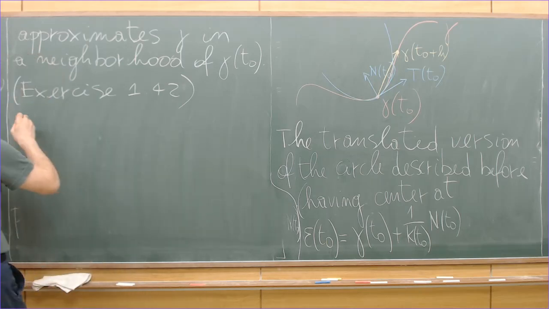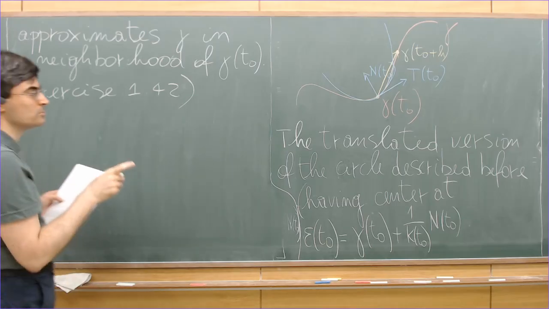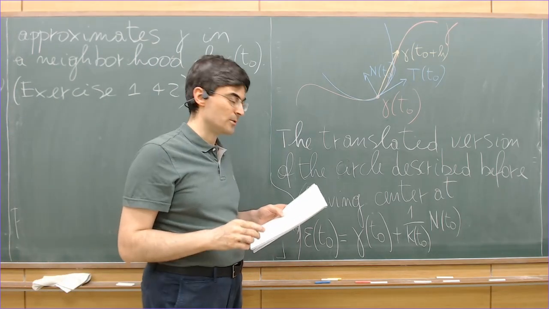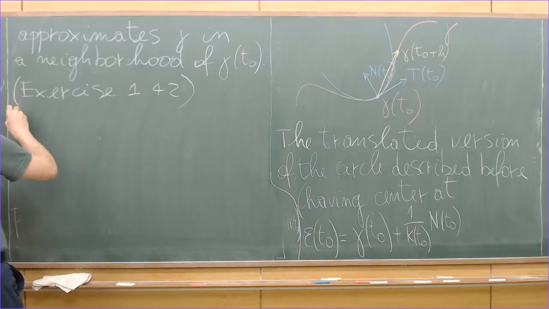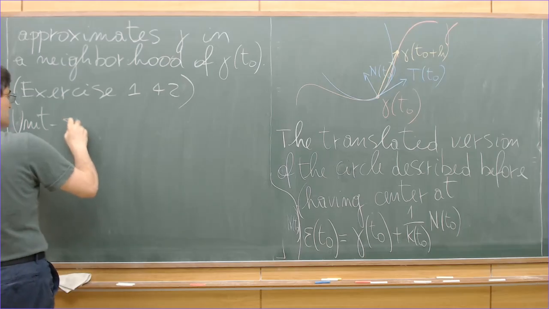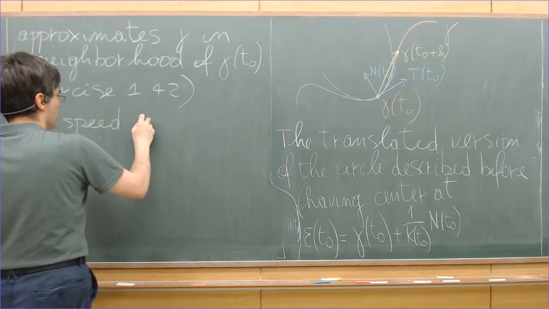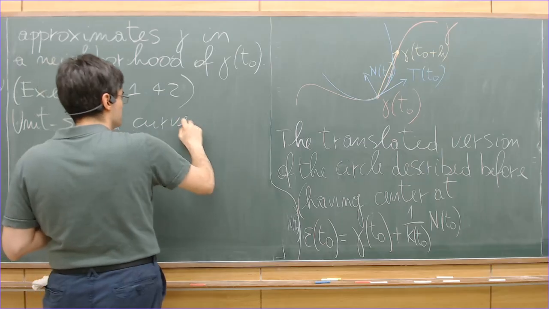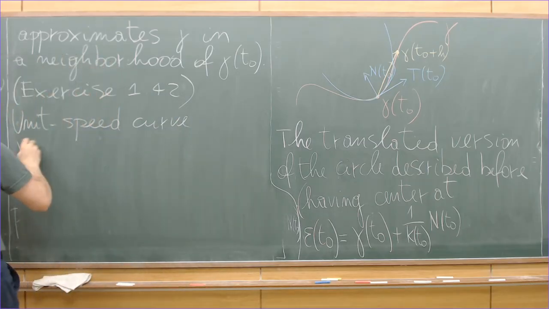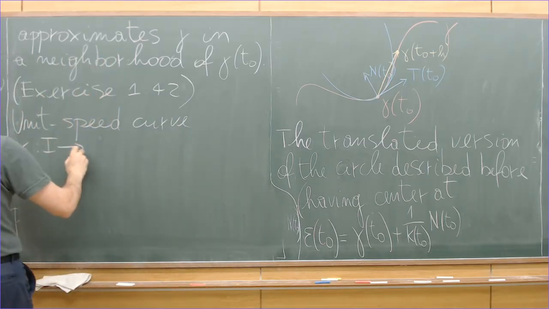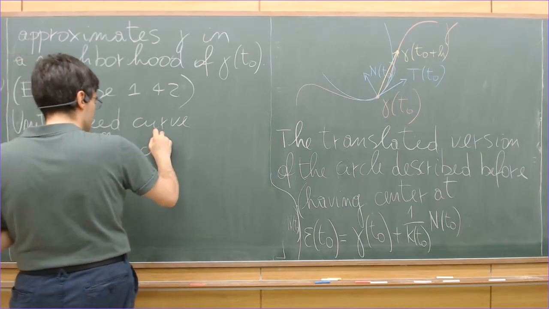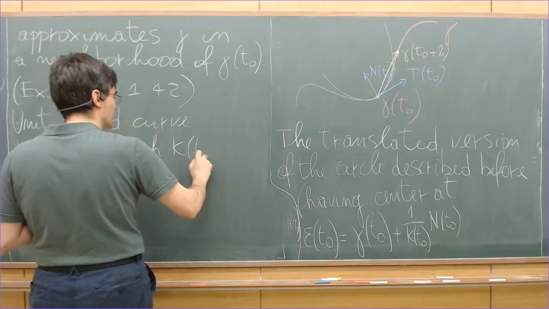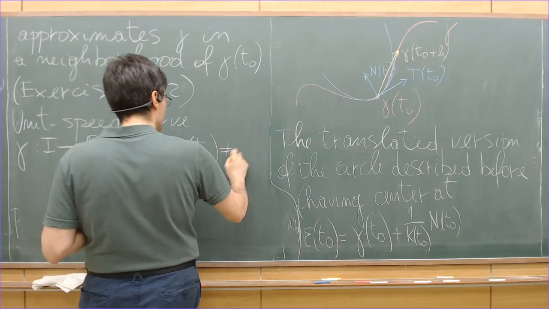Okay, so essentially now I will recall the hypothesis we are using. So we have a unit speed curve gamma such that its curvature at t0 is non-zero.